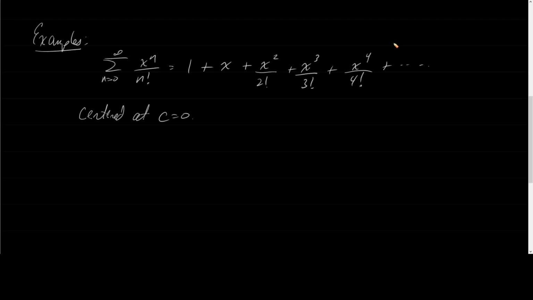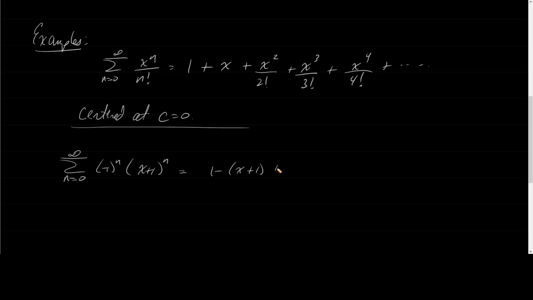Let's look at another one. What if I have a series from n equals 0 to infinity of negative 1 to the n times x plus 1 to the n? What does that look like? That looks like 1 minus x plus 1 to the first power plus x plus 1 to the second power minus x plus 1 to the third power plus x plus 1 to the fourth power, so on and so forth.